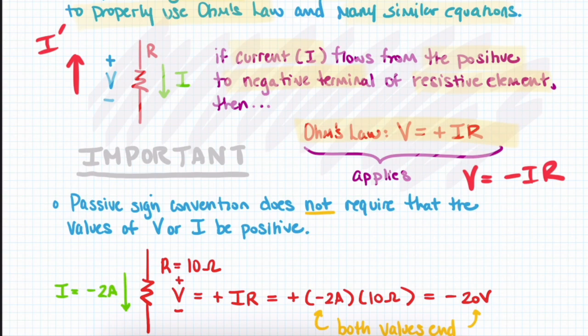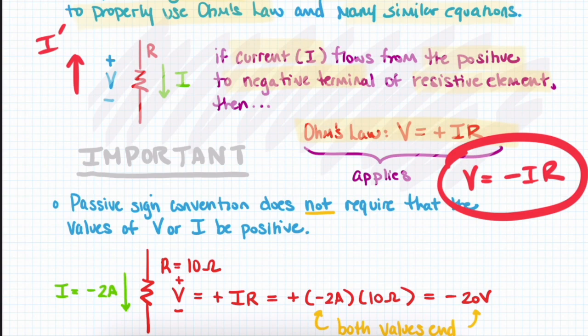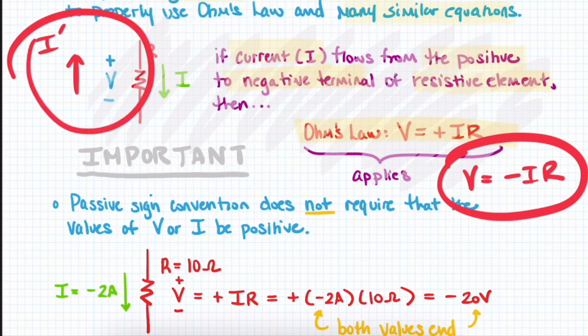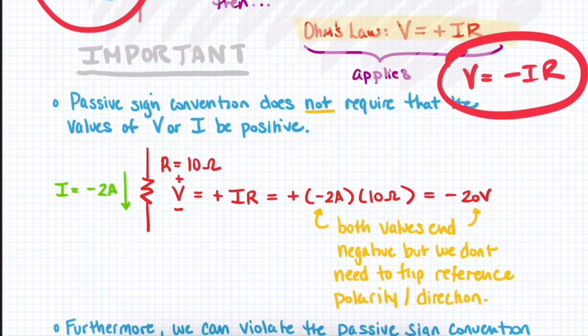However, I would ask the question, do you really want to be coming up with equations like this every time for every step of solving an electric circuit analysis problem? No. And so even for people who have spent a lot of time working on this type of material, one example being myself, I pretty much always stick with the passive sign convention. It really just makes things a lot easier. One less thing to worry about.